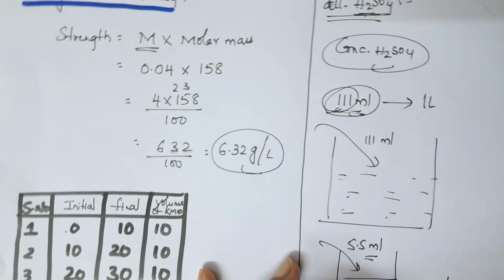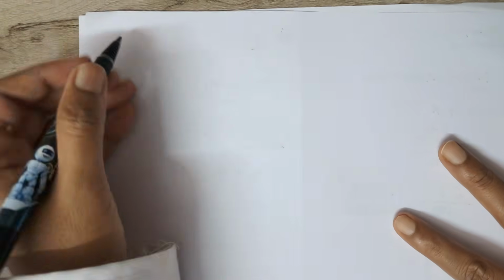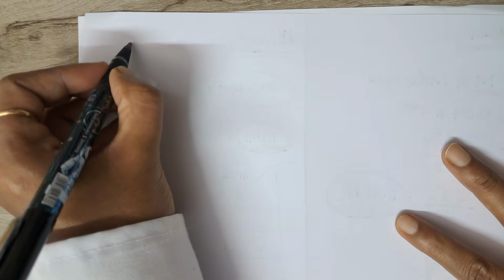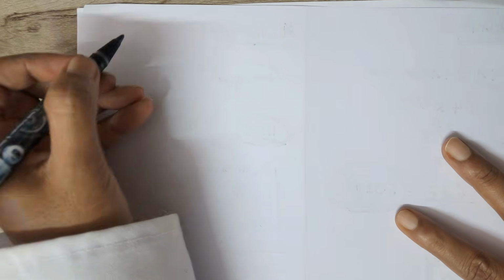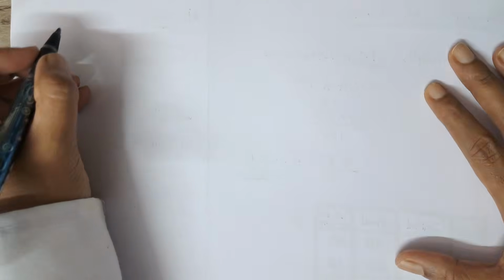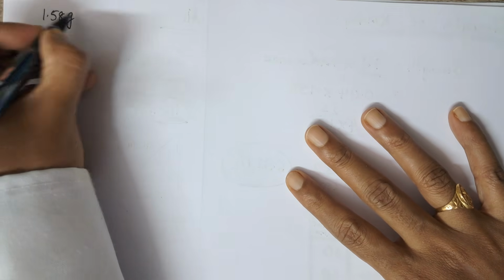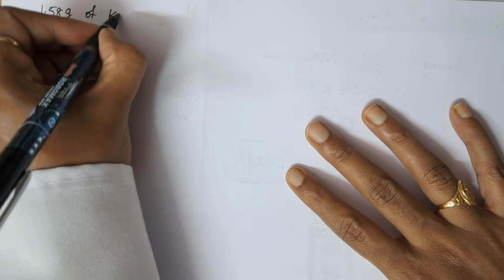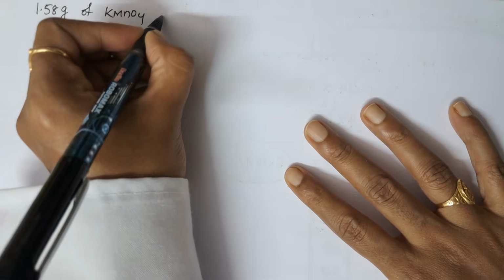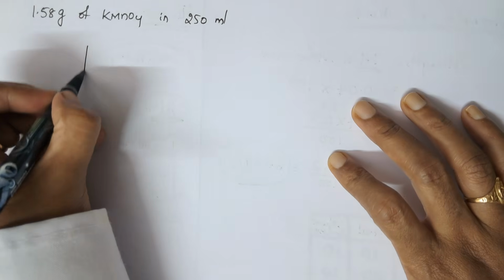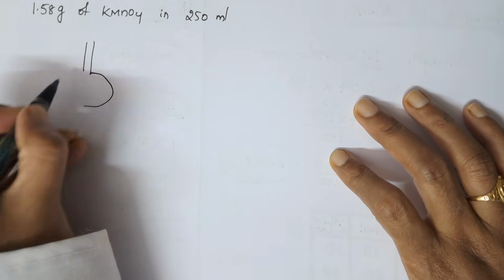Like that I prepared. And another point I want to tell you all is how I prepared the KMnO4 solution. I took 1.58 grams of KMnO4 and dissolved it in 250 ml of water, using a 250 ml volumetric flask.